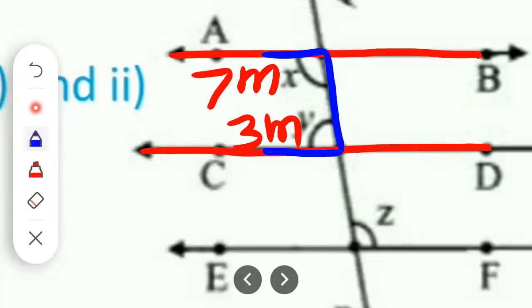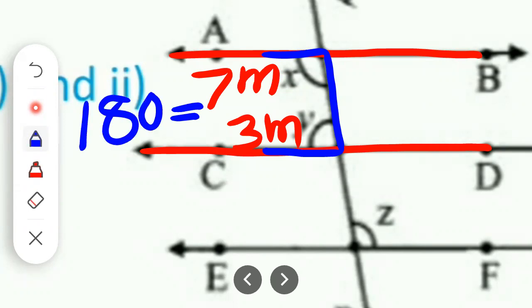You can see angle X and angle Y. So what is the property again? Interior angles are supplementary to each other. Supplementary means together 180 degrees. Every time I am repeating the property.